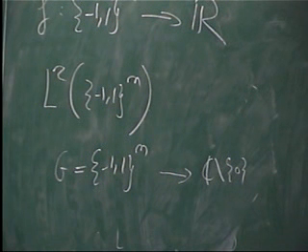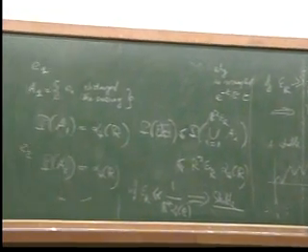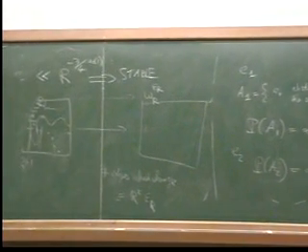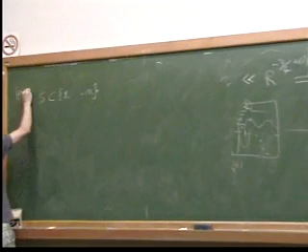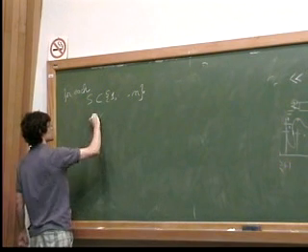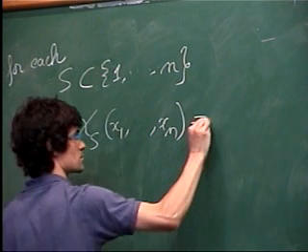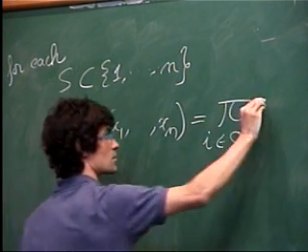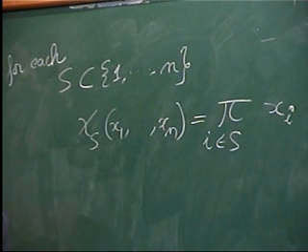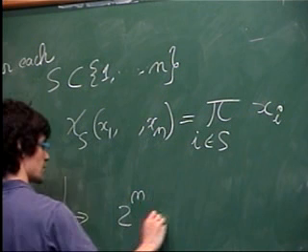And the basis that I will use is indexed by the subsets of this. So for each subset of this, look at this function. So you have 2 to the n, so this gives 2 to the n functions.